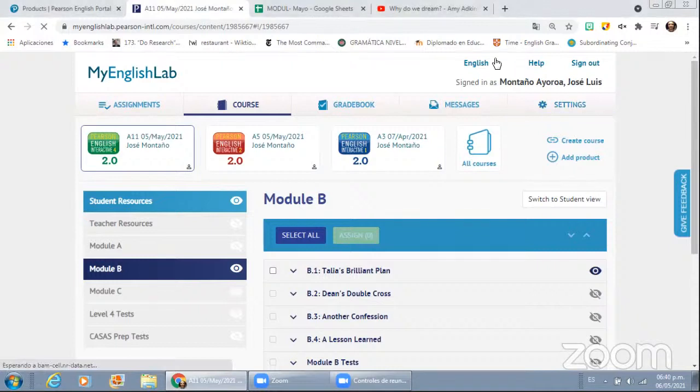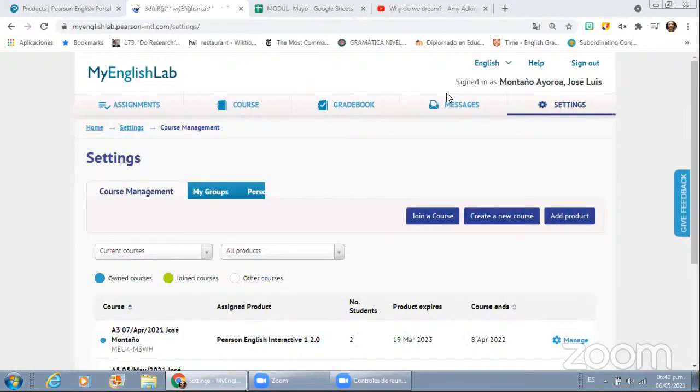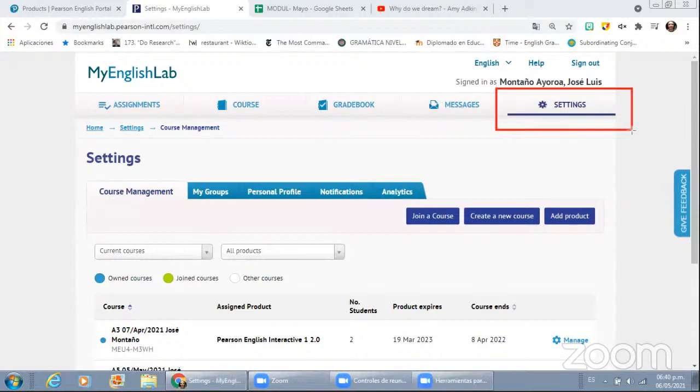When you're in Pearson, you're going to do the following. In the chat, Mariana, I'm copying and pasting the ID that you're going to use. You go to Pearson, you select the product that you have. Remember, it's the green product, Pearson English Interactive 4. When you are there, go first to settings.